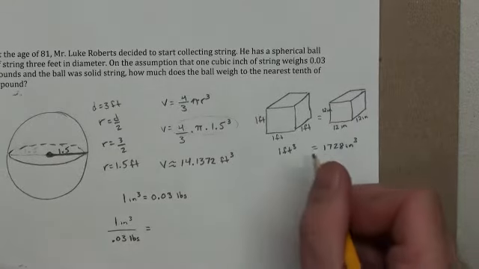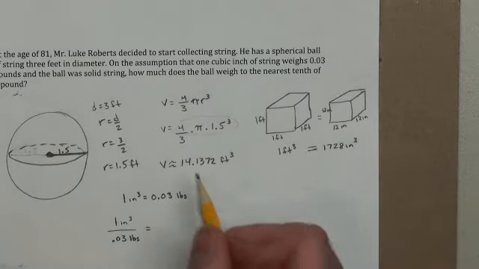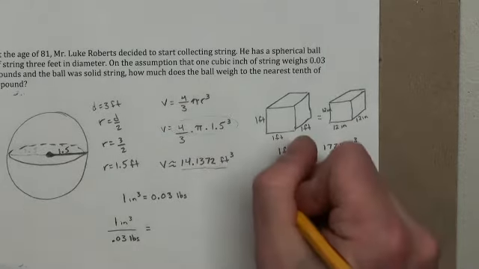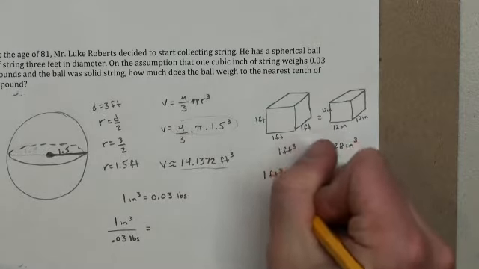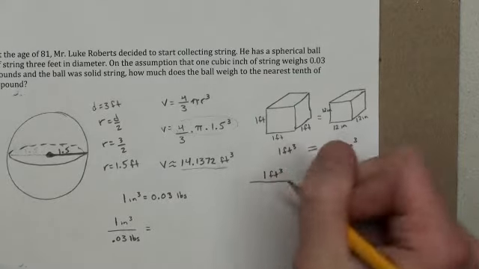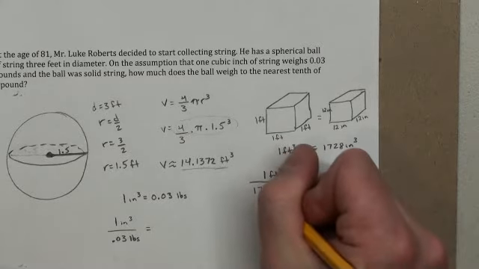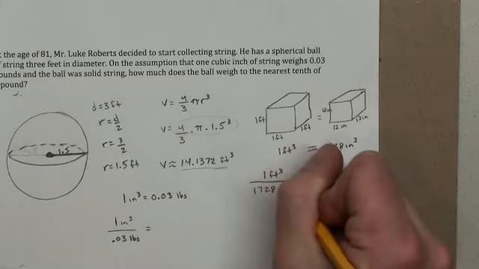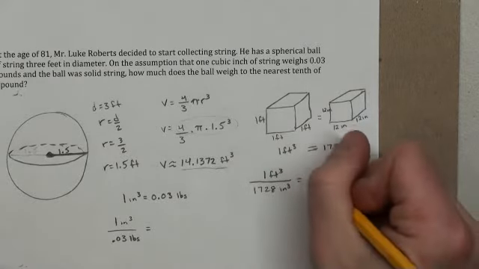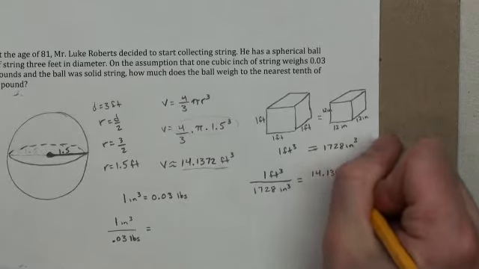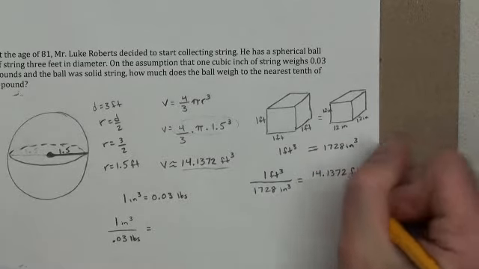Alright? So now let's use this ratio to turn the volume into inches cubed. So 1 foot cubed is the same thing as 1,728 inches cubed. Then the volume is 14.1372 feet cubed.